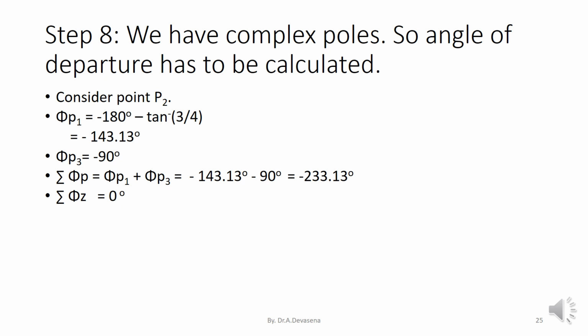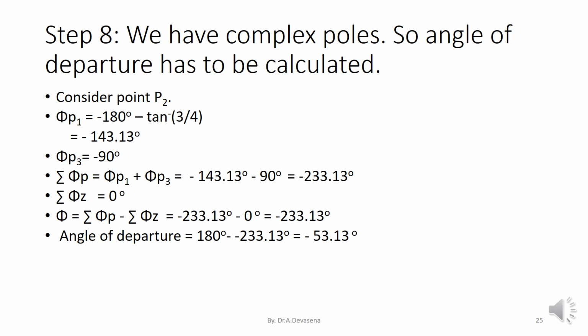The sum of the zeros is 0. Therefore, phi is equal to sum of phi P minus sum of phi Z, that is minus 233.13 degree minus 0. It is minus 233.13 degree. Therefore, the angle of departure is equal to 180 degree minus 233.13 degree.